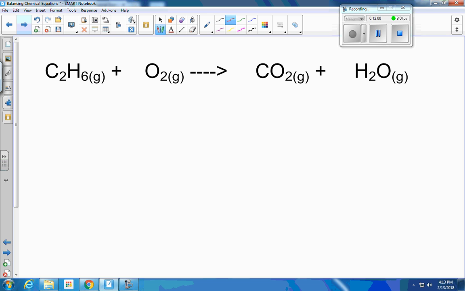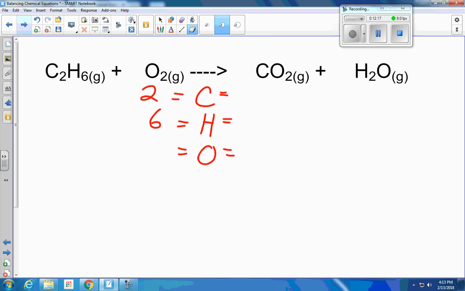This is a simple equation. It involves carbon, hydrogen, and oxygen. Now in this case, I have on the reactant side 2 hydrogen, 2 carbon, 6 hydrogen, and 2 oxygen.